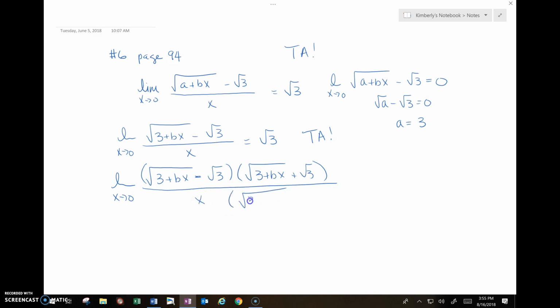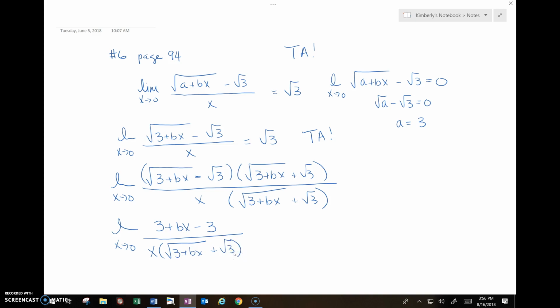I know this is a lot to write out, but it's going to give us the answer. Okay, multiplying out the numerator, which is what you always want to do here, you get 3 plus bx minus 3 over x times the quantity square root of 3 plus bx plus root 3.